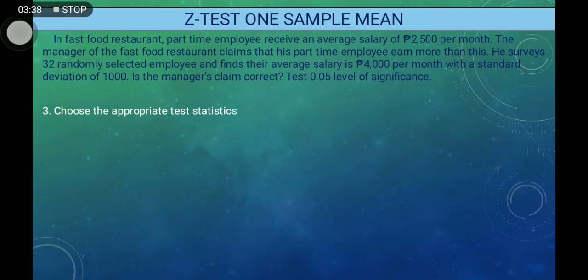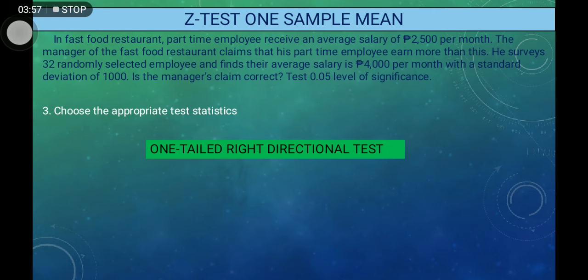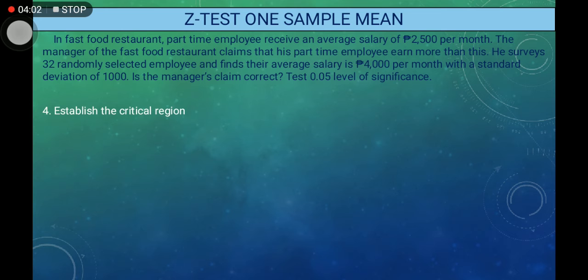Merong one-tailed left directional test, one-tailed right directional test, and two-tailed non-directional test. Dahil ang sign natin sa alternative hypothesis is greater than, ang magiging appropriate test statistics natin dito is one-tailed right directional test.